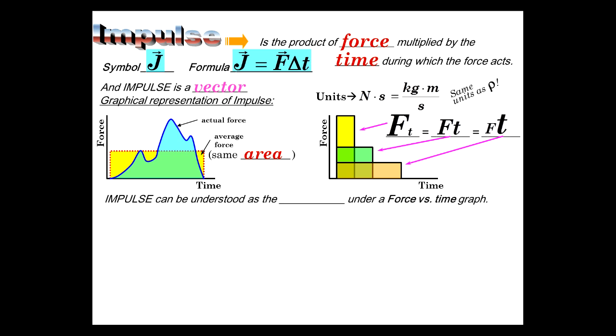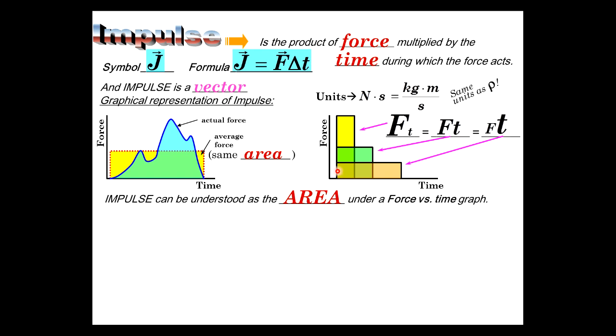So there you go. An impulse can be understood as the area under the force versus time graph. Notice that this big force for small time is kind of like having an auto accident and allowing the steering wheel to stop you. Not a pleasant thought, but nevertheless true. This one down here is more like having that same automobile accident and allowing the airbag to stop you.